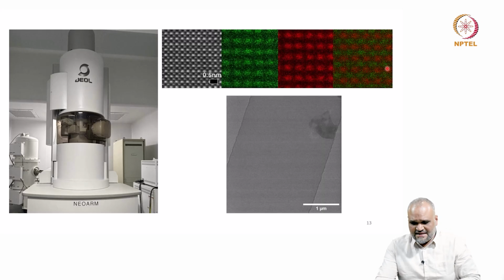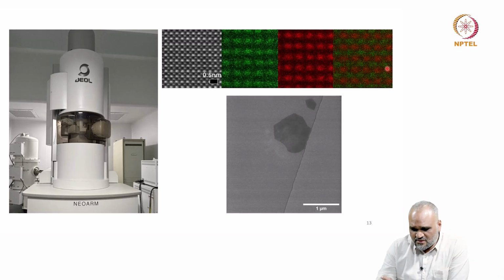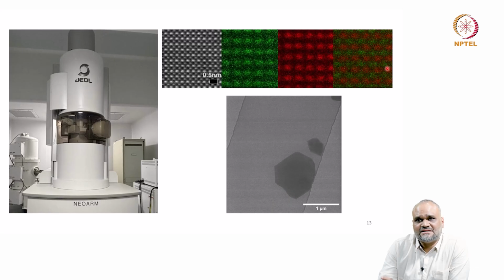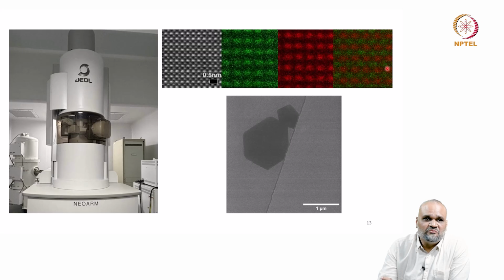Here is an example where we've tried to grow some gold nanoparticles inside a liquid inside the transmission electron microscope. The image is drifting a bit, but this is just to show you that within a microscope you can also synthesize materials, and while this is going on, you can simultaneously get the structural and compositional information as well.